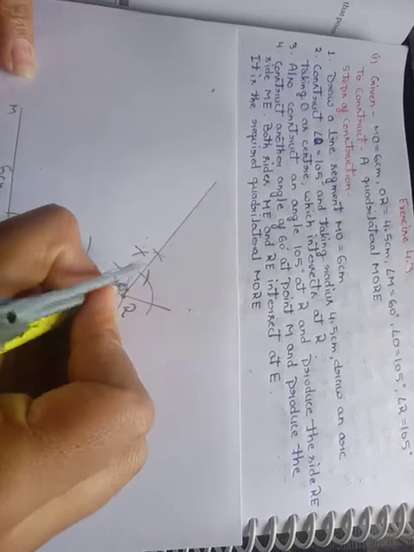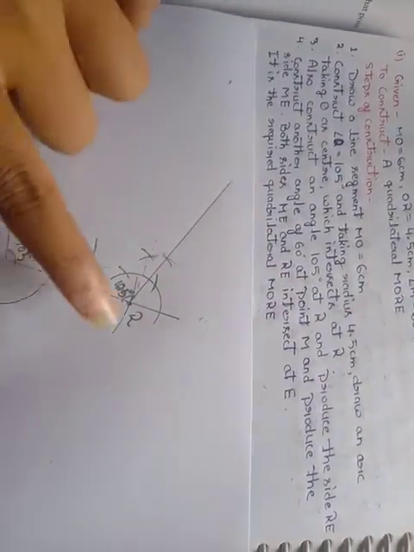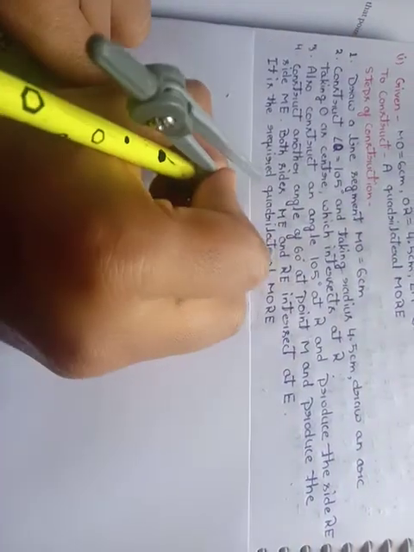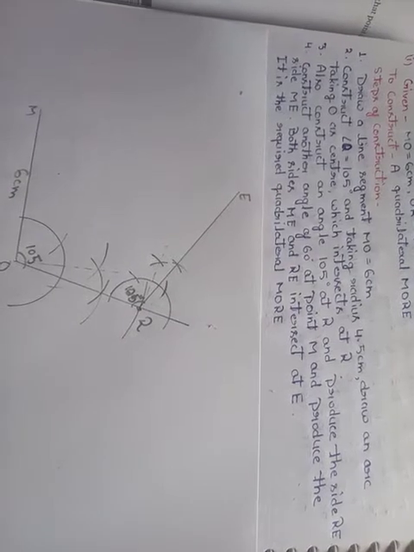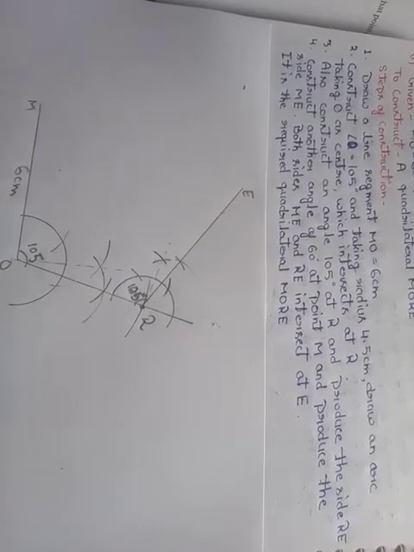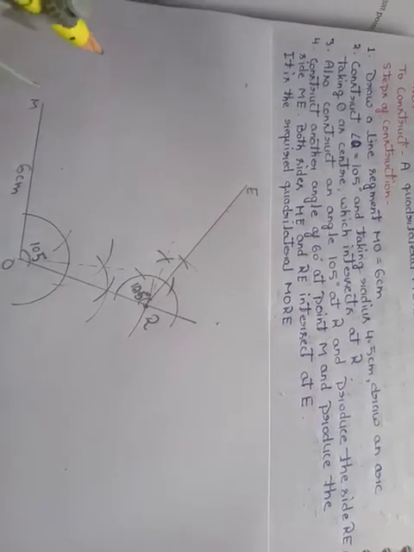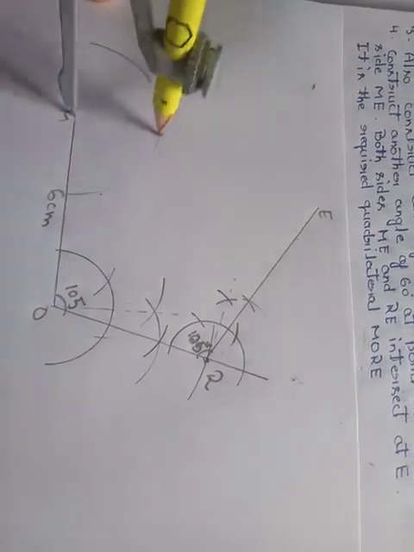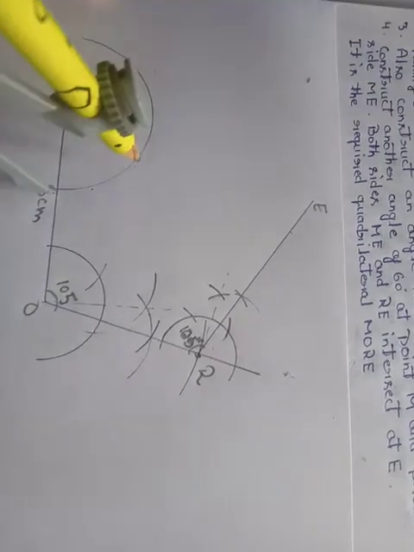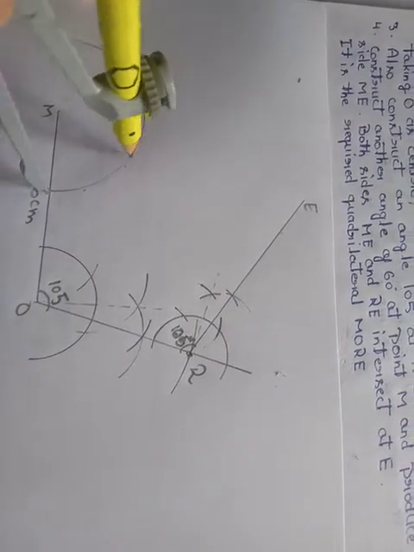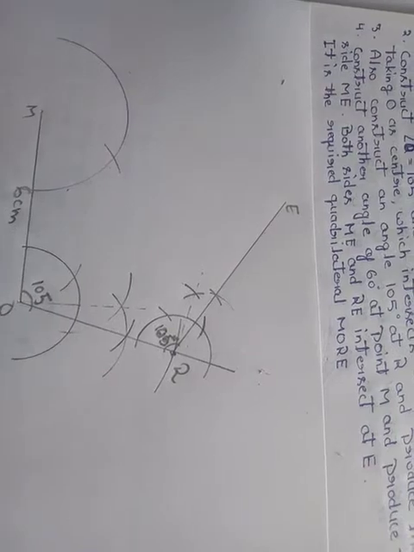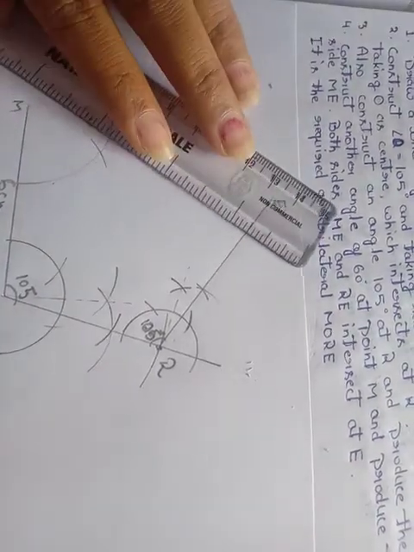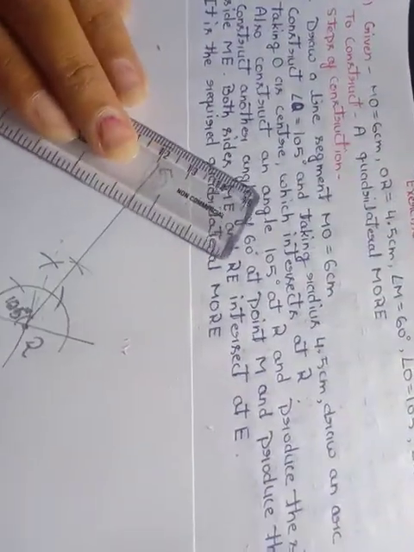So it is the angle of 105 degrees at point R, and produce the side RE. Fourth step is to construct another angle of 60 degrees at point M. So we draw an angle of 60 degrees at point M, and produce the side ME.